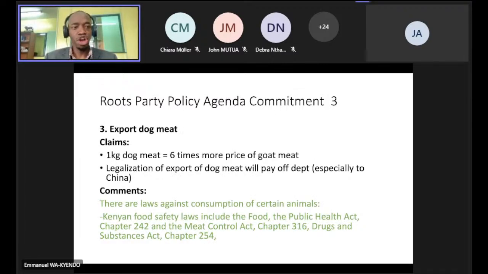Commitment 3, consumption of dog meat. First of all, there are Kenyan food and safety laws that are against the consumption of certain animals. This platform again falls a bit in the fantasy land area of policies. Why?